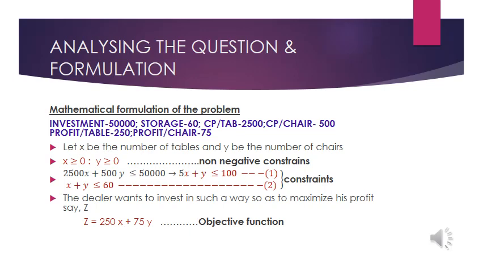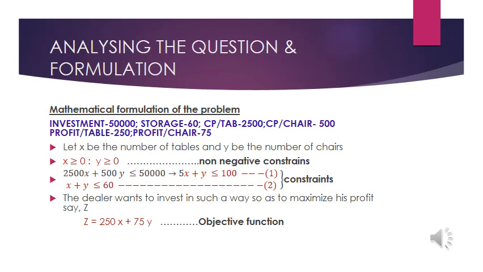In this question, our objective is to make the profit maximum within the given constraints. Let x be the number of tables and y be the number of chairs. Since x and y are numbers, x will be greater than or equal to 0 and y is greater than or equal to 0.